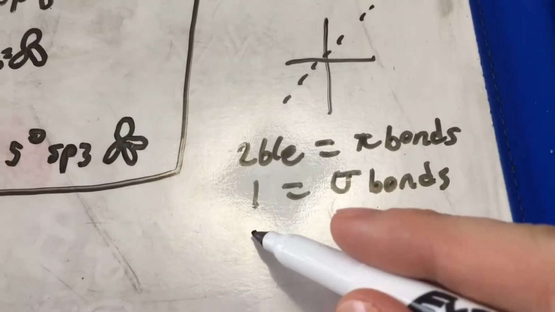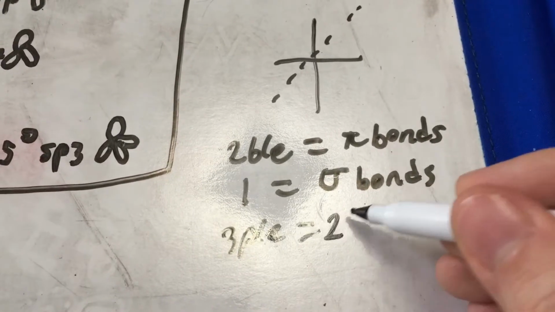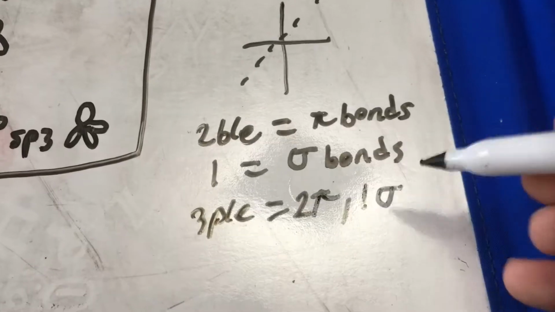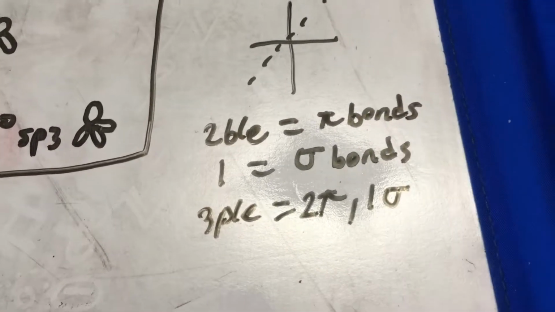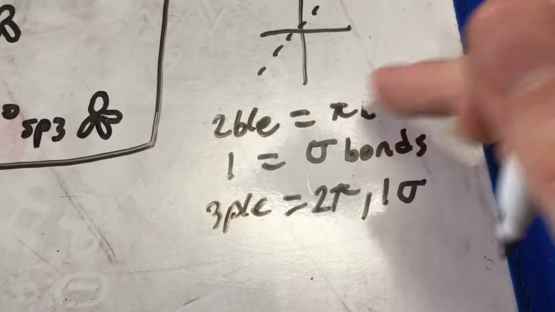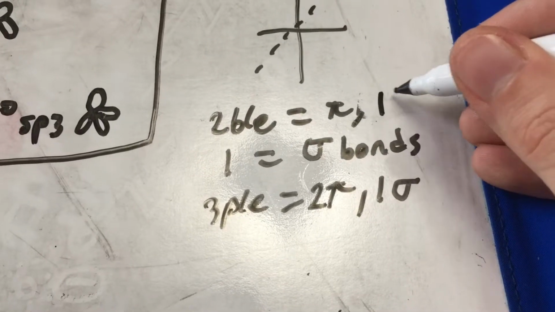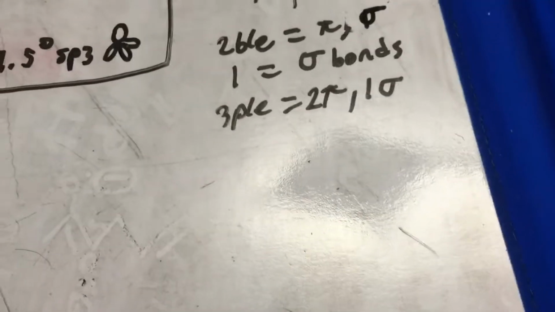And our triple bond is 2 pi's, 1 sigma. Well, our double bonds are 1 sigma and 1 pi. What makes it a double bond is the pi.